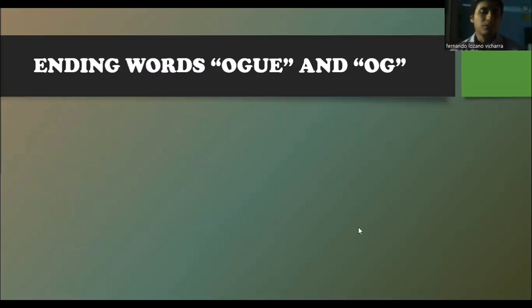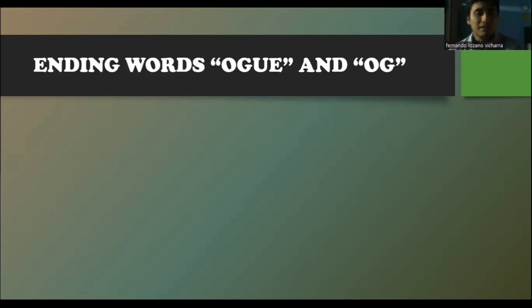The consideration of ize ending in American English, as it was mentioned with the example of the words that are considered in British, such as ise and ize, was due to the sound of Z that is unique in American English. We take another example with ogue and og that are considered in American English.